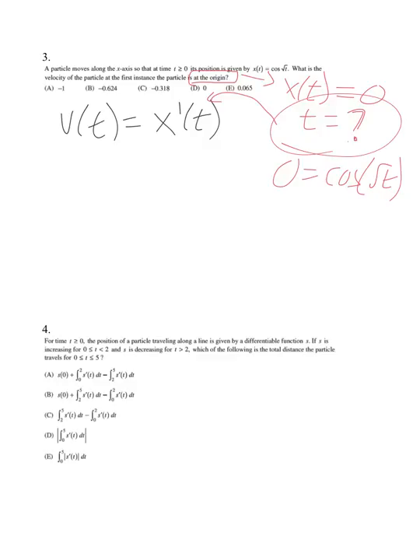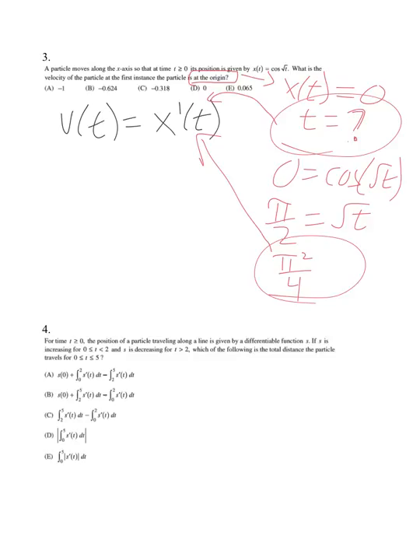Cosine is 0. The first time that cosine is 0 is at pi over 2. And so then I just need to square that. Actually, let me call it pi squared over 4. And then that's what I'm going to plug in here, or into the velocity.